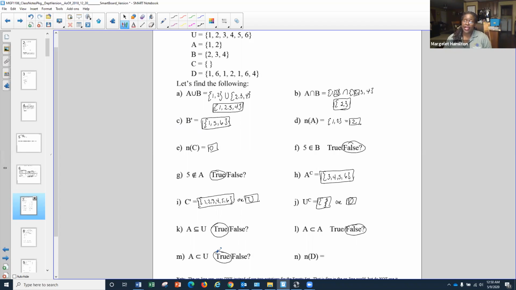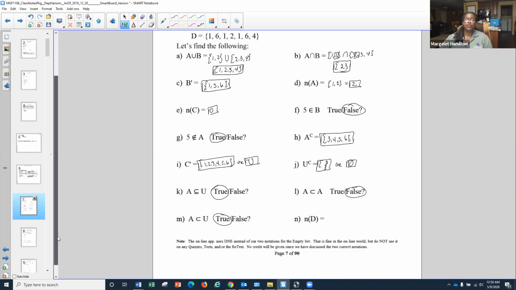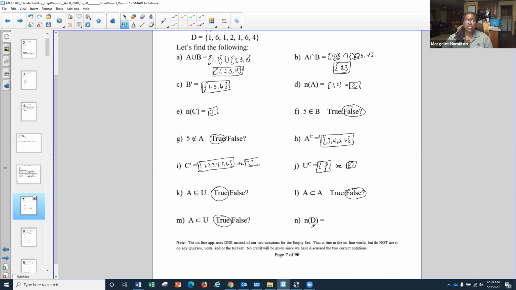All right. And then the last one, N. We have N of D. So they want the cardinality of D. But look at set D now. Watch it. They gave us multiple things going on in here. So set D has 1, 2, 3, 4, 5, 6, 7. 7 elements are located in there. But if you pay attention, you have some repeating numbers. And remember, the definition says that they have to be unique elements.